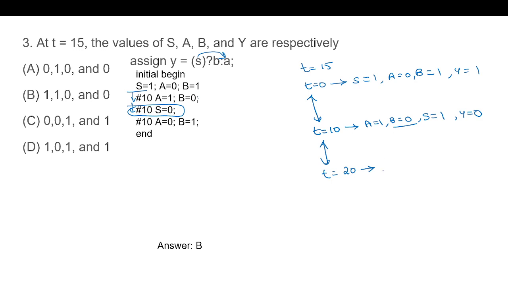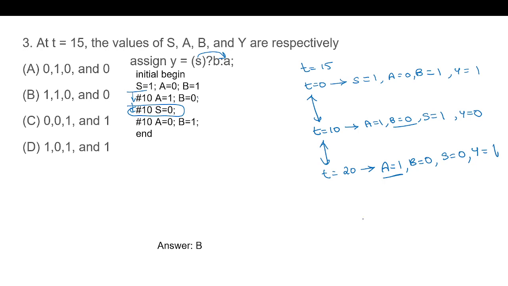At this instant, A is equal to 1, B is equal to 0, S is equal to 0. So Y will be A is 1.